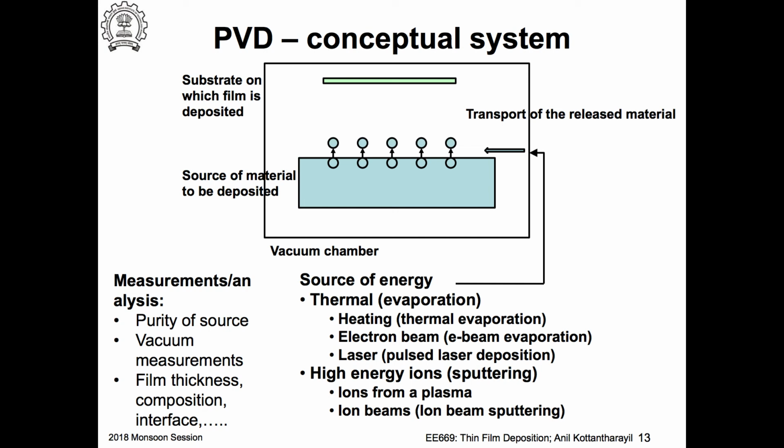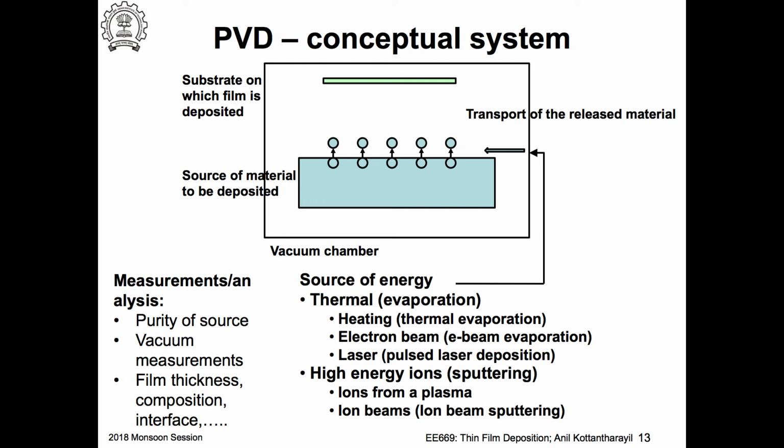So you have different types of evaporation processes. Usually when you do resistive heating, that's when you call it thermal evaporation. Otherwise, you call it electron beam evaporation if you are using an electron beam, laser based deposition if you are using lasers. You can actually use ions and so on.